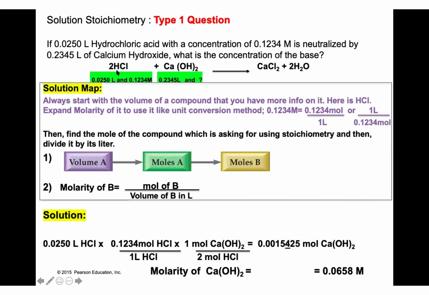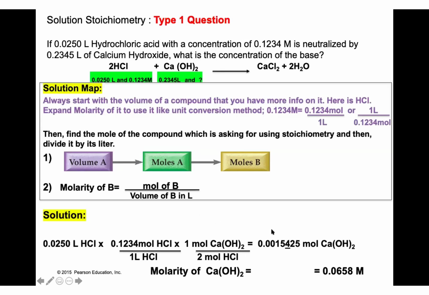Then I can use the coefficients. What should I use in stoichiometry? Of course, I should use the coefficients in the chemical reaction. I relate HCl to calcium hydroxide: 2 moles, the coefficient 2 of HCl, to 1 mole, the coefficient 1 of calcium hydroxide.